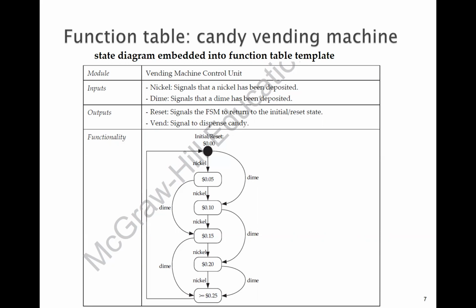If we deposited 25 cents, then this creates a signal to dispense a candy. So the functionality is simply the state diagram that we described in the previous slide. If we have a model that may be represented by a state diagram in our design, then we can create such a function table and describe that model with inputs and outputs, as well as the functionality, where we draw our state diagram.